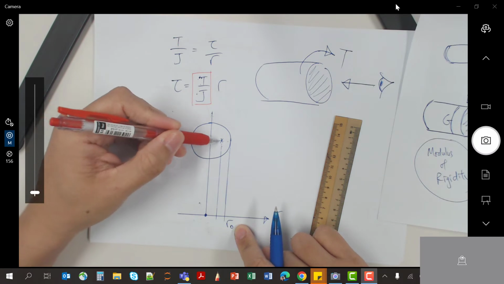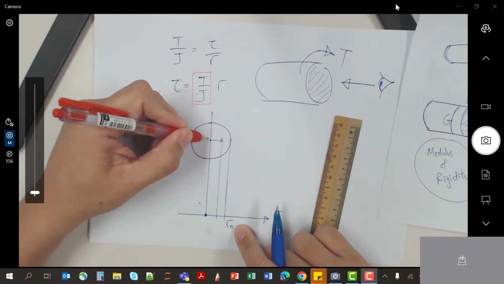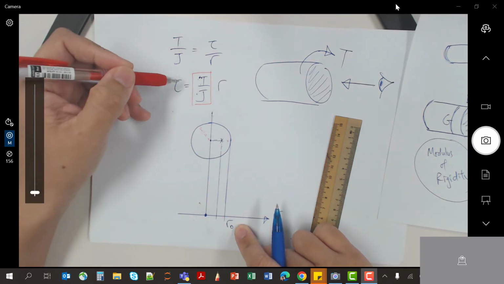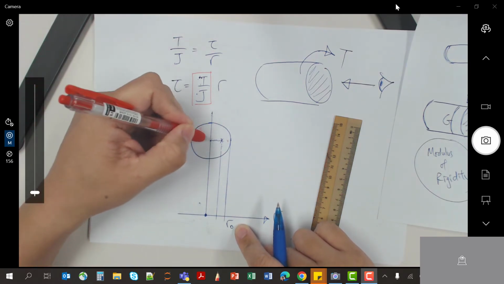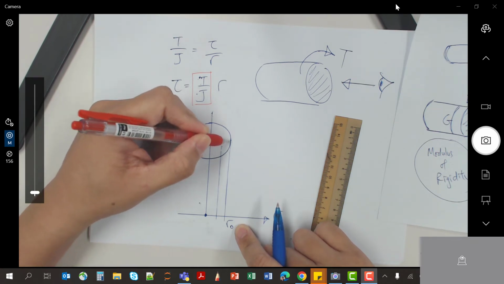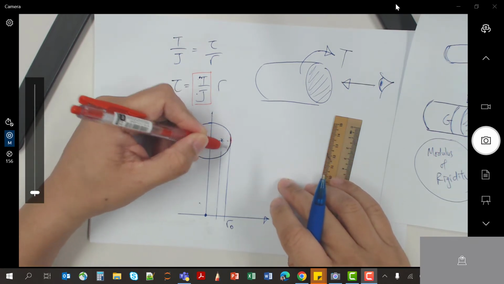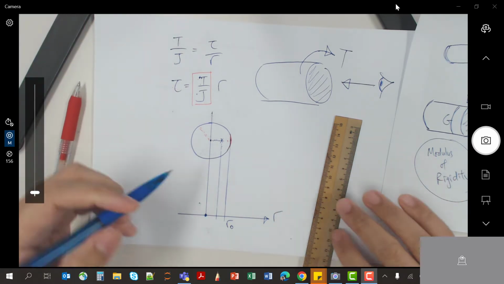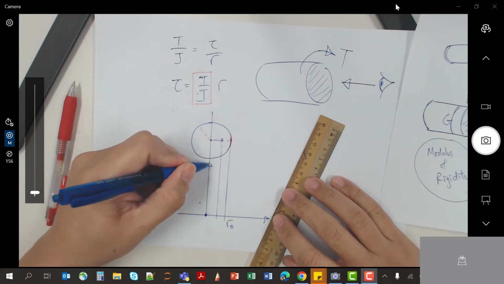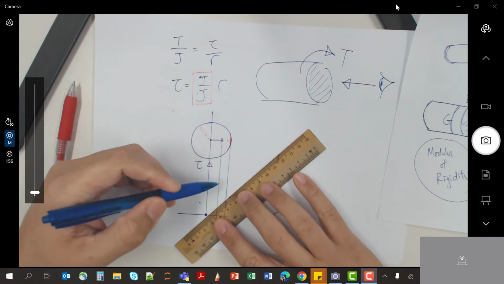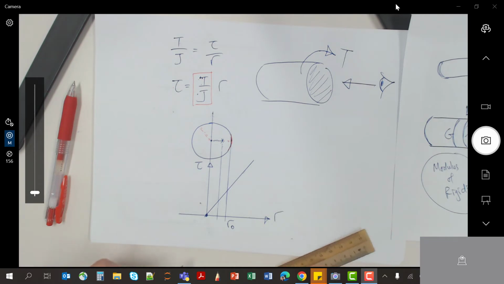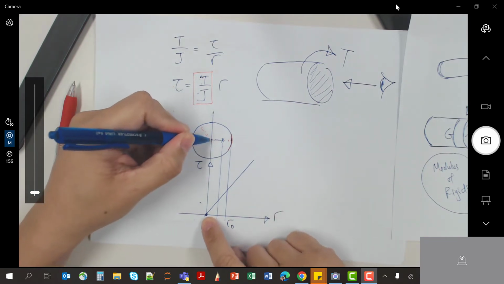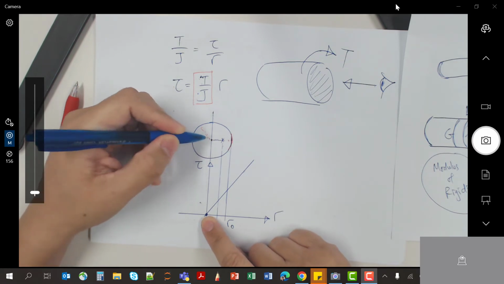As I look along these different points, the radius increases. It means that the further you go out towards the edge of the circle, the stress will increase. If I plot the Y axis as the stress, it's going to look like this. When the radius is 0 at the center, there is no shear stress.